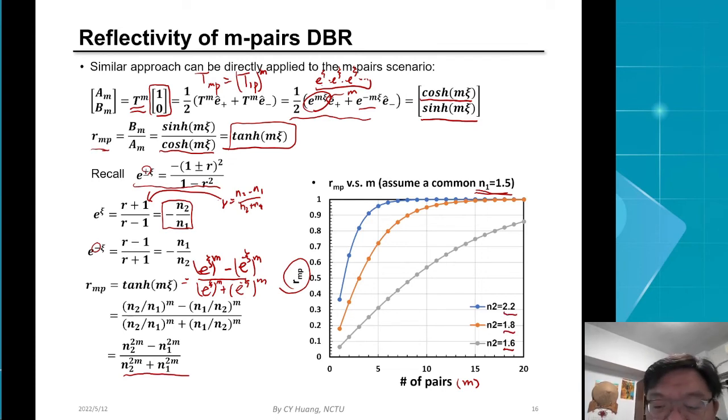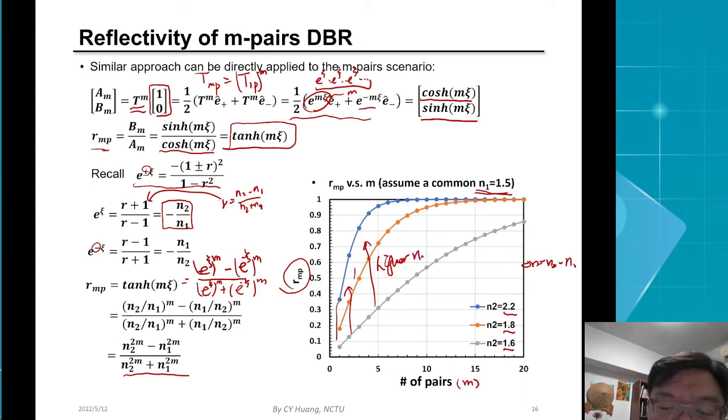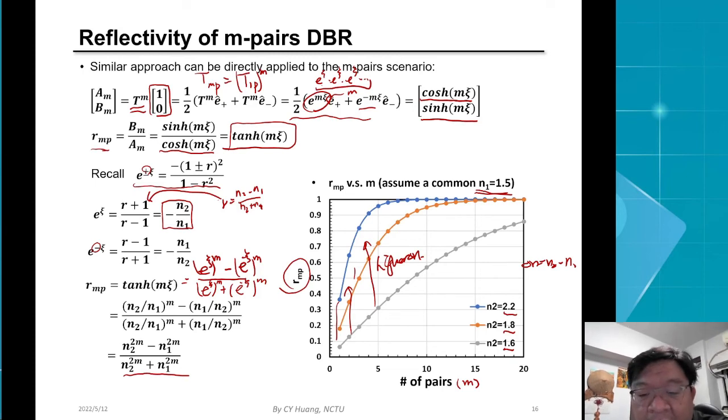And you will see if the refractive index difference delta n, which is n2 minus n1, is large, you will get a high reflectivity for any pair. Higher and higher delta n.